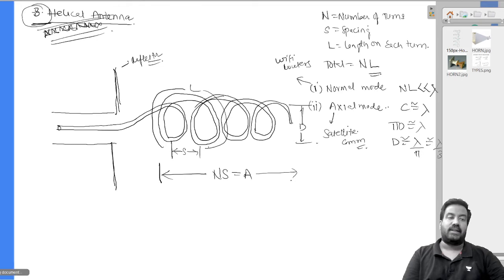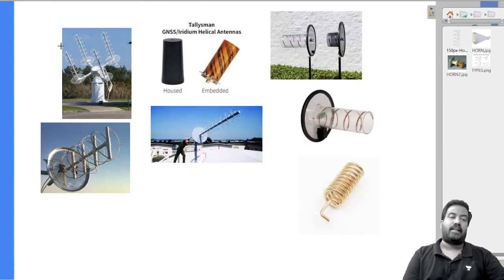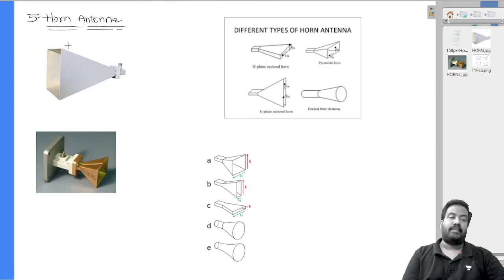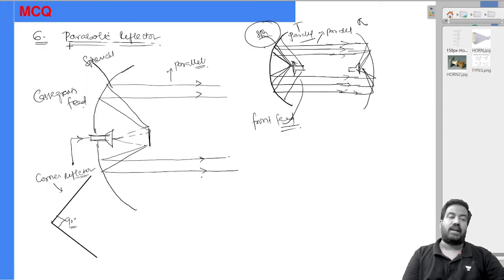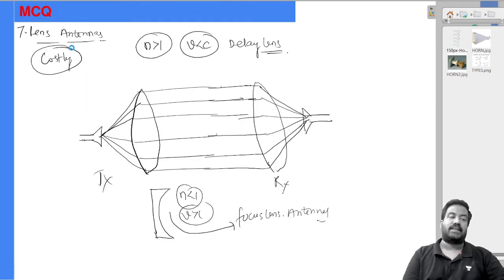Today we'll discuss MCQs on helical antenna. Before that, the others were MSA, microstrip array, horn antenna, parabolic reflector and lens antenna.